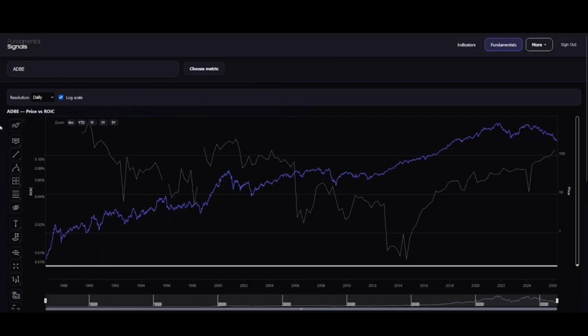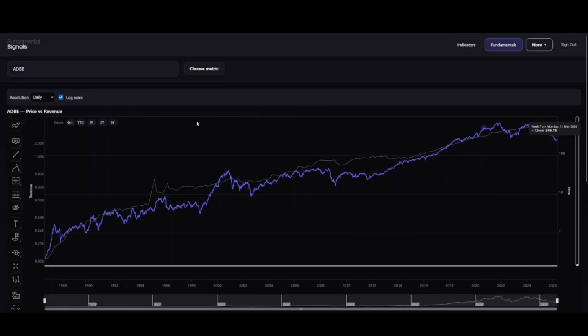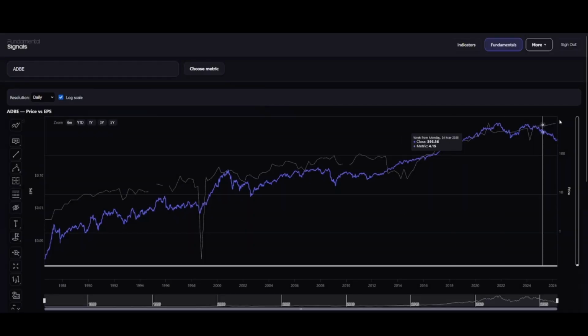Another thing I want to show you, I just want to go through some of the metrics and show you how crazy this is. We saw the revenue. You see the revenue just keeps going up. Like this line just keeps going up, right? That's number one. Same for EPS, right? Keeps going up.